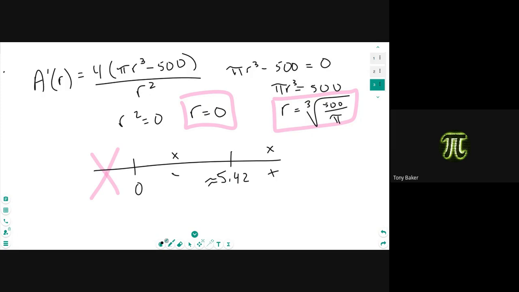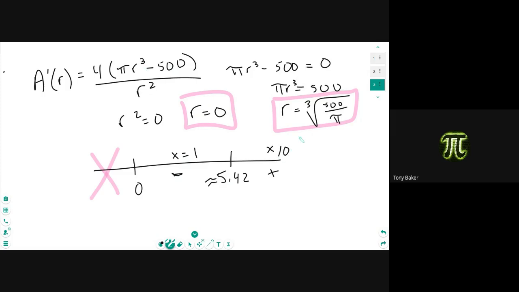Okay, so if I plug in 1, what do I get? Well, pi minus 500, that's definitely going to be negative, right? If I plug in, say, 6, 6 cubed... actually, let's just make it easier.